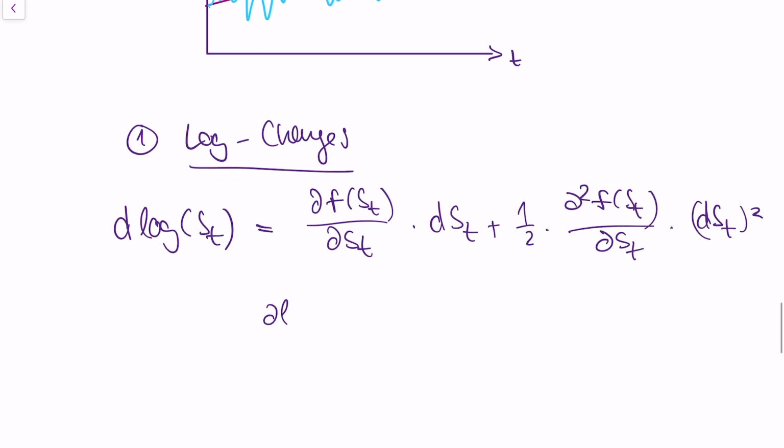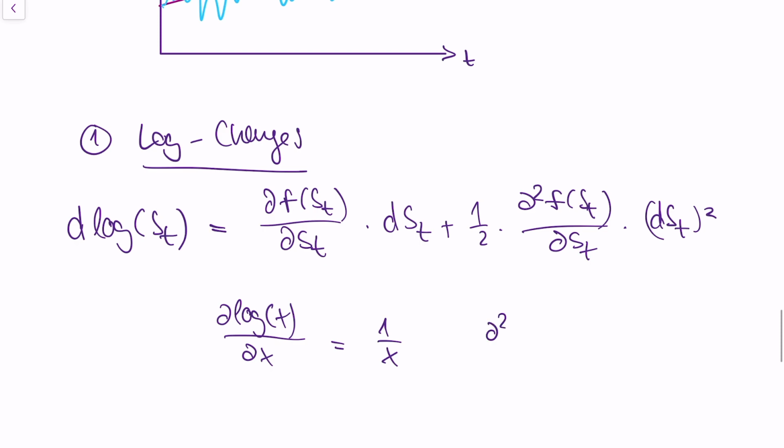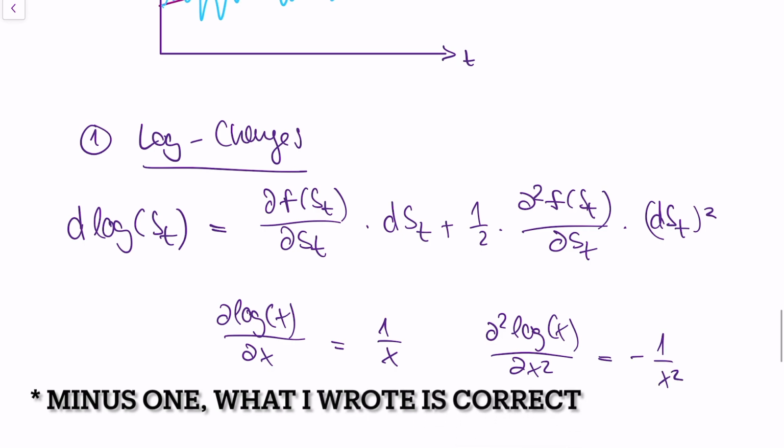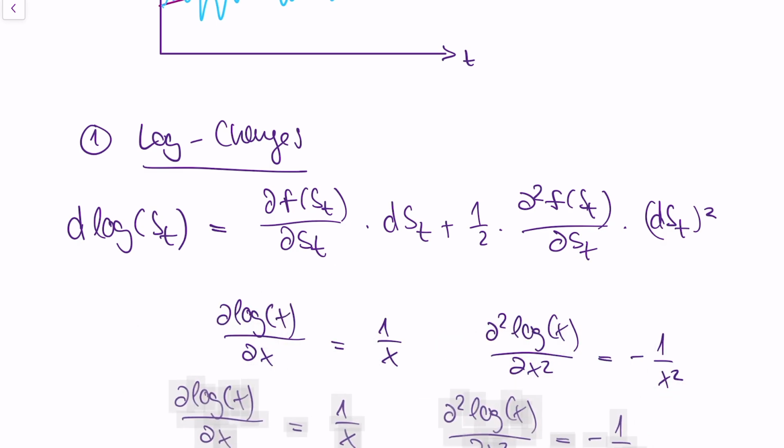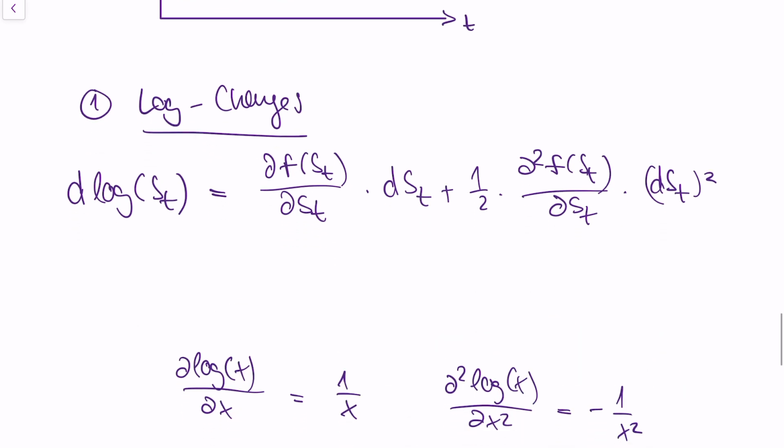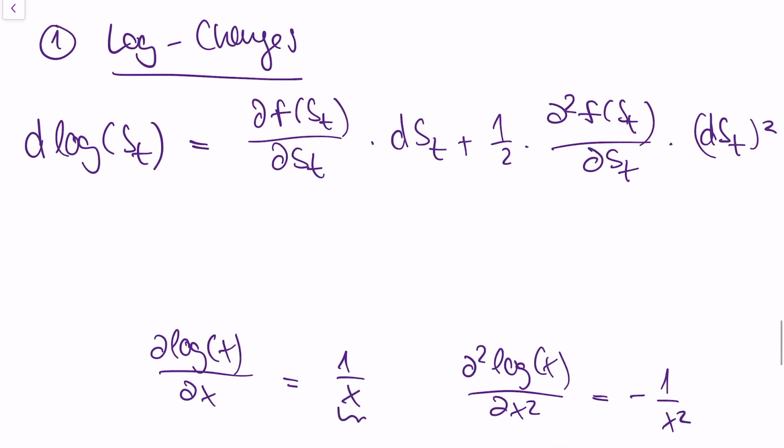What is the first derivative of the logarithm? Well, the first derivative of the logarithm is nothing else than 1 divided by x, right? And what is the second derivative of the logarithm? Well, the second derivative is minus 1 divided by x squared, right? So let's use those two rules, but remember that our variable is not x, but our variable is S_T, the asset price.